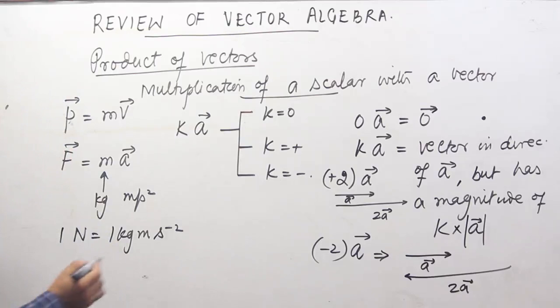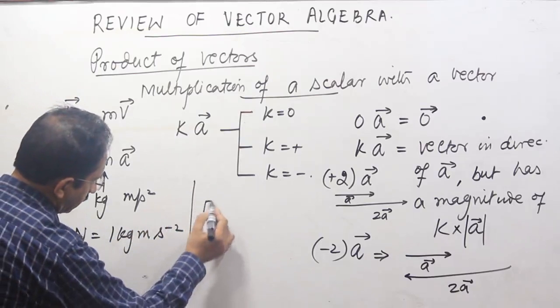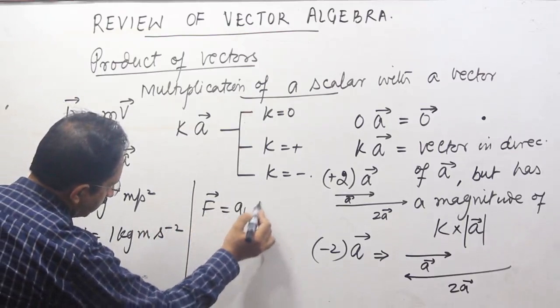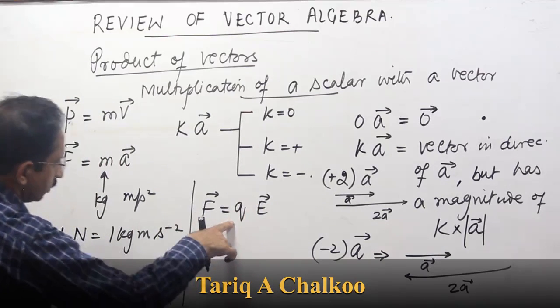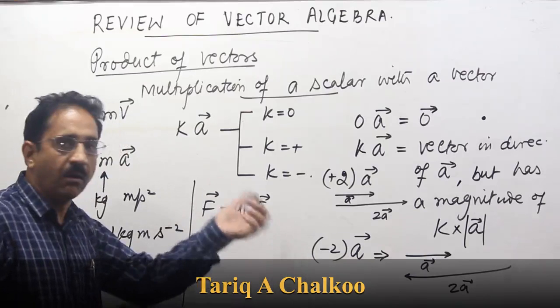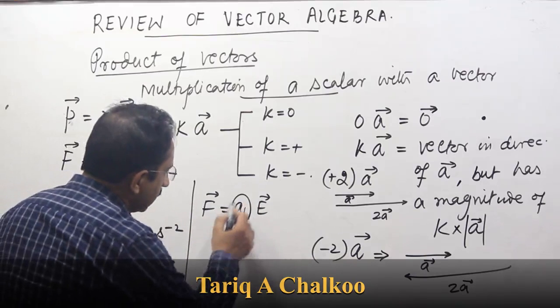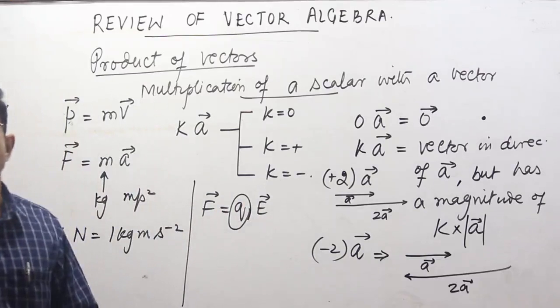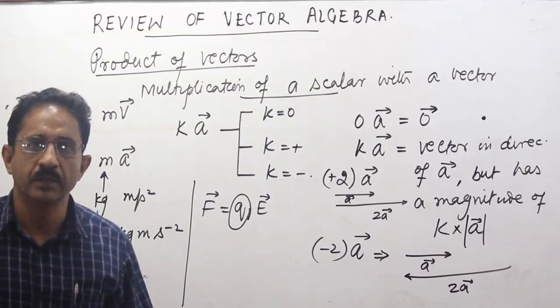However, if we use a relation in electrostatics, that F is equal to Q times E, whether the electrostatic force will take the same direction as that of the electric field or not will be decided by whether our charge is positive, negative, or zero.